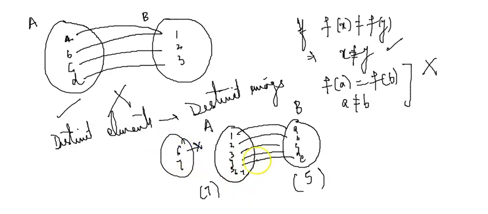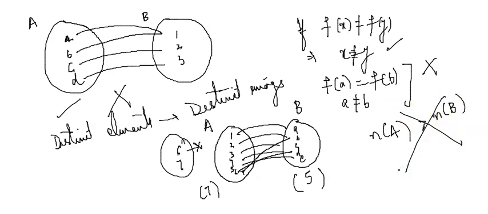But as I said, for a function every element should be defined, so no element in A should be left out. So we can make 6 have image B or A, but that will satisfy the definition of function only, that will not be a one-one function. So for one-one function, if the number of elements in A is greater than the number of elements in B, one-one functions are not possible.